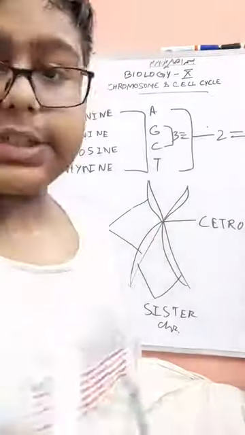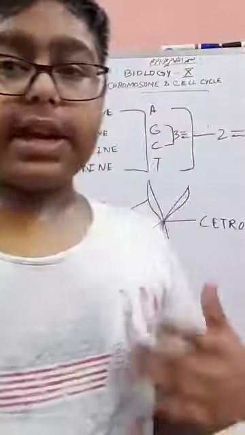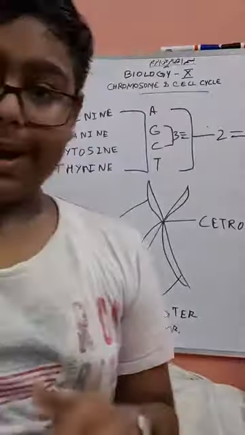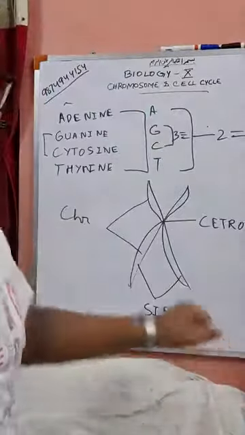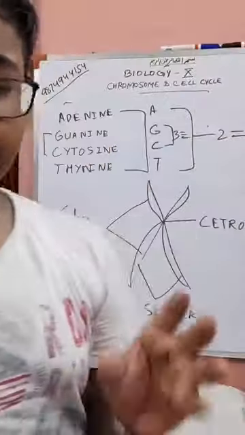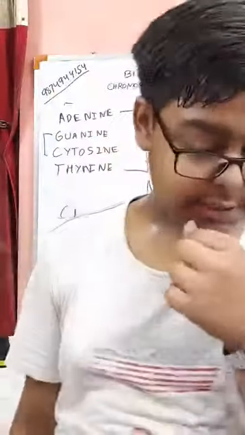Chromatids are the condensed form of chromatin, and will have nucleotides which are within the DNA, which is within the chromatin, and will also have nucleosomes because they are condensed with the help of histones. This is the complete thing we had aimed to study in today's class.